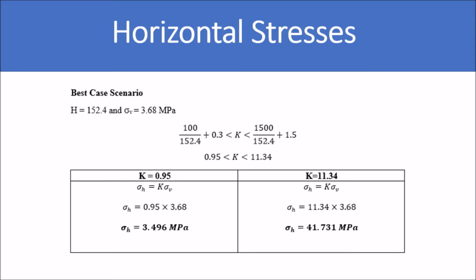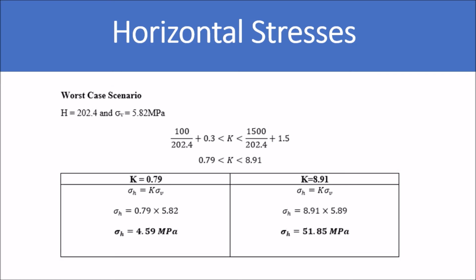Now for horizontal stress, the value of K is in a range. So for the best case scenario we have two values of K, and horizontal stress is 3.49 megapascal and 41.731 megapascal. For the worst case scenario the values of horizontal stress are 4.59 megapascal and 51.85 megapascal.